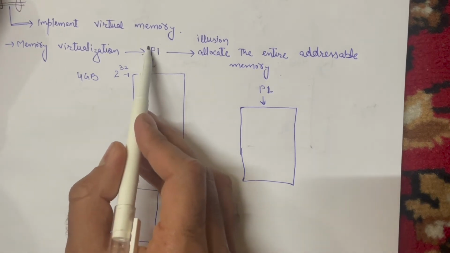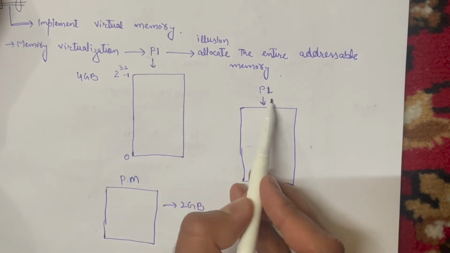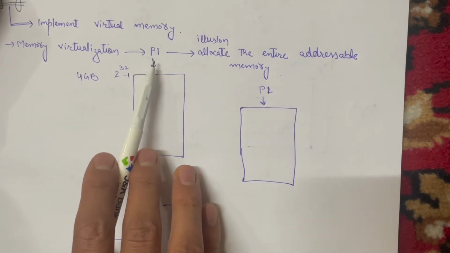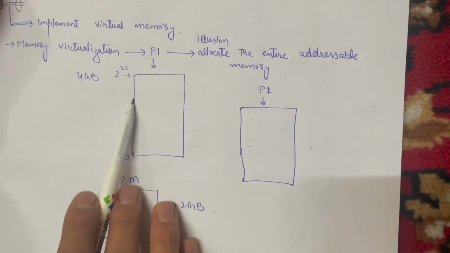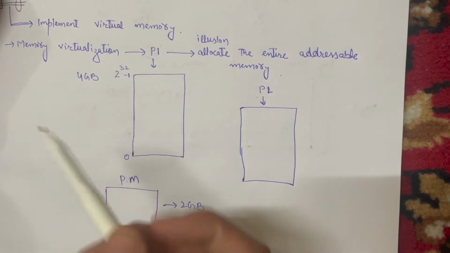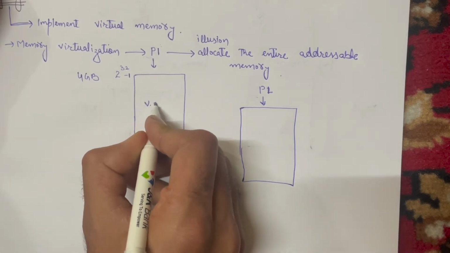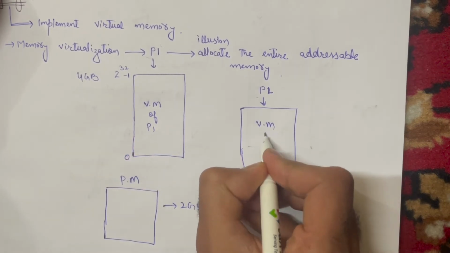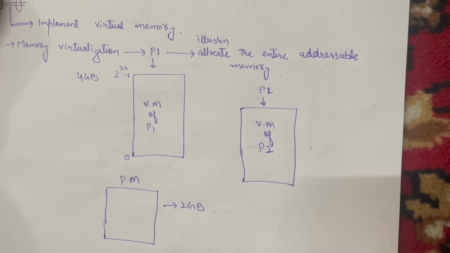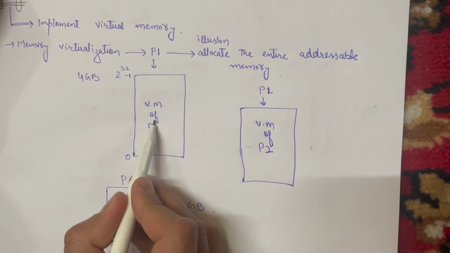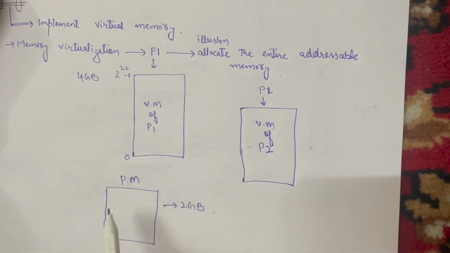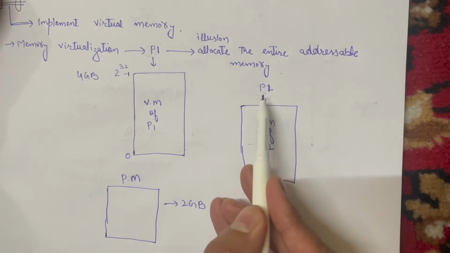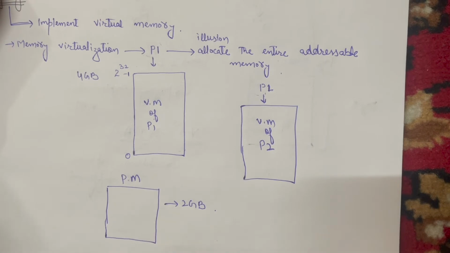To run these processes P1 and P2 at a time, we need their entire memory image. So this is the virtual memory image of P1, and this is the virtual memory image of P2. We have to keep the image of P1 and the image of P2 in the primary memory.